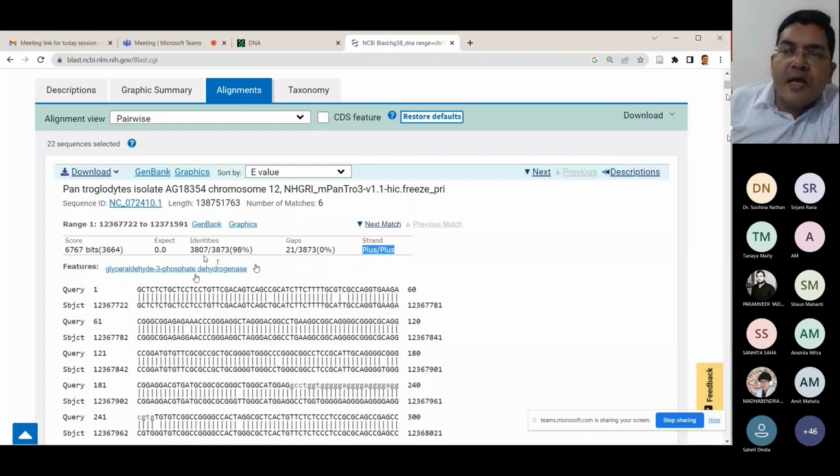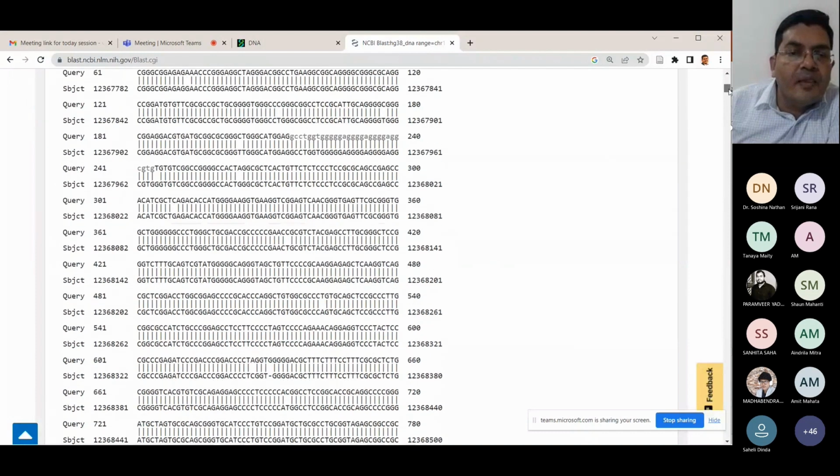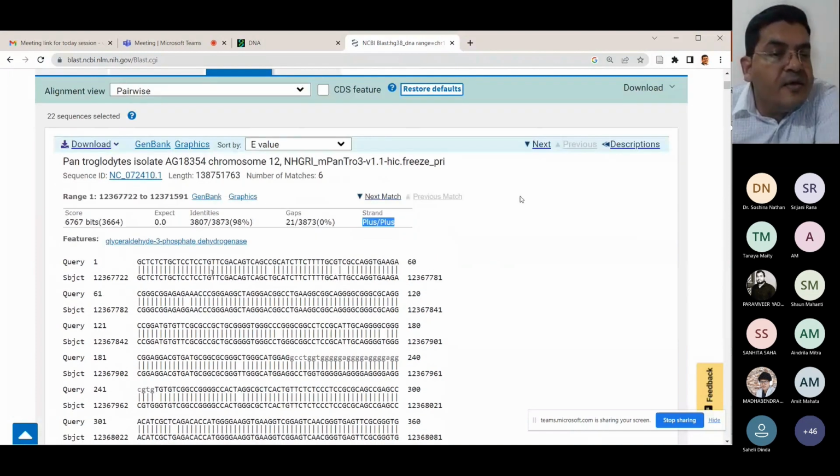Now if you look at the alignment here, class, there is a cytosine here, there is a thymine here. Can you see that on the alignment? Wherever there is an identical match, you have this vertical line. So the first position where it is missing is somewhere here. You have a cytosine on the query and a thymine on the subject.